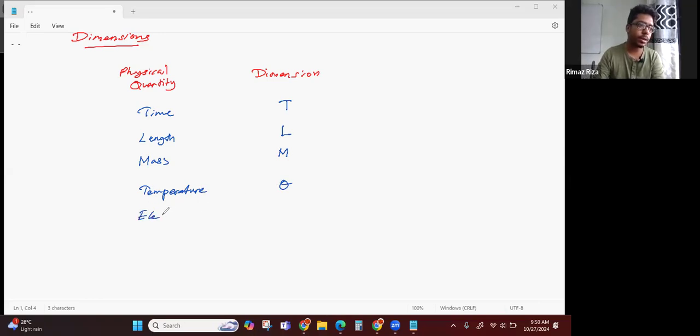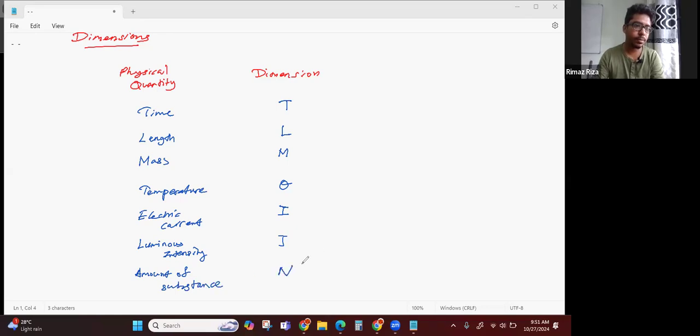And electric current, electric current is capital I. And luminous intensity is capital J. And amount of substance, capital N. Okay, write down.